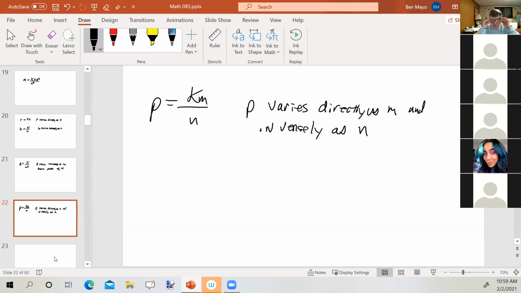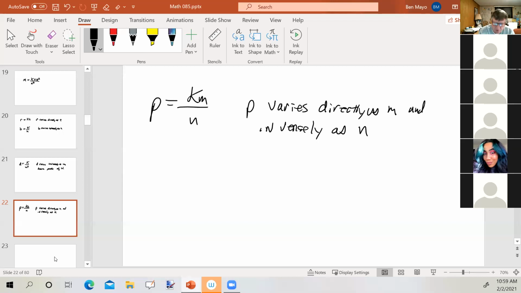Now, you've got three kinds of variation: direct variation, where they go up together and come down together; inverse variation, one goes up, the other goes down, one goes down, the other goes up; and joint variation, where you have more than one variable on the right side of the equation.